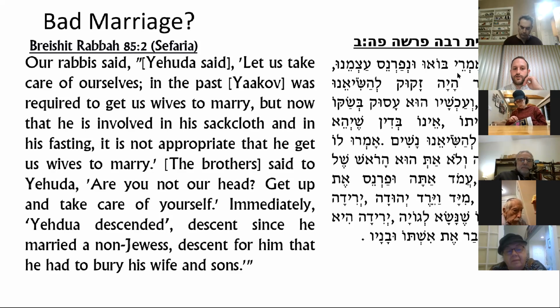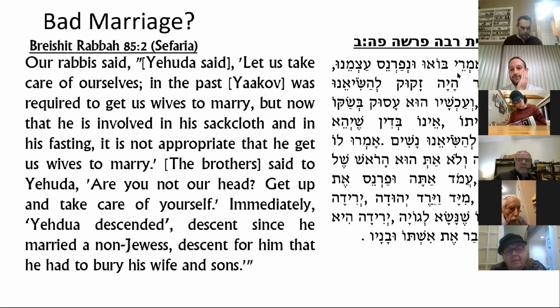His brothers said to Yehuda, are you not our head? Get up and take care of yourself. Immediately Yehuda descended. Descent, since he married a non-Jewish woman, a descent for him in that he had to bury his wife and sons. So as Liana mentioned before about Midah Keneged Midah, and it being just desserts for what they did to Yaakov, this is very clearly comparing.